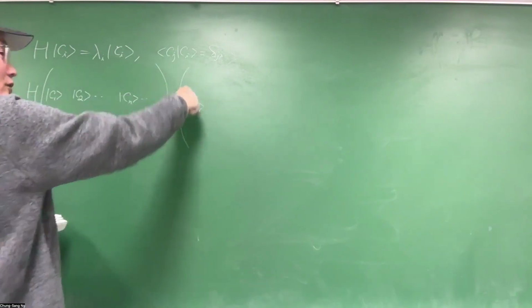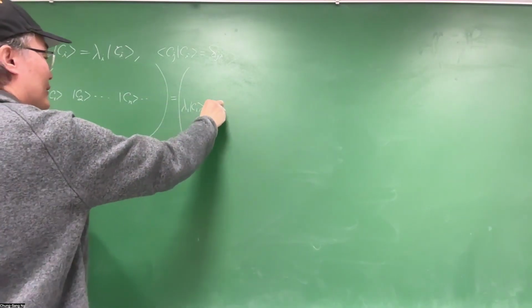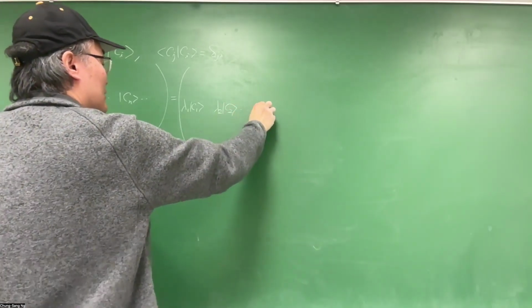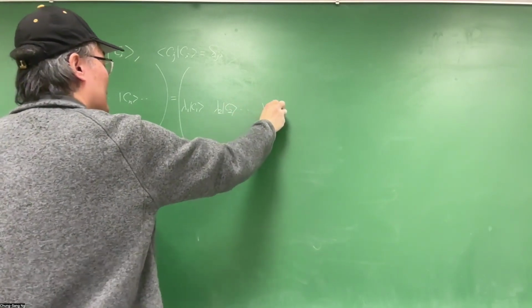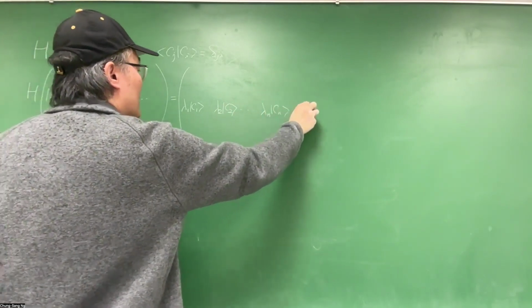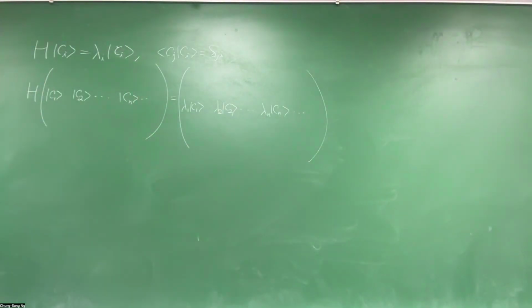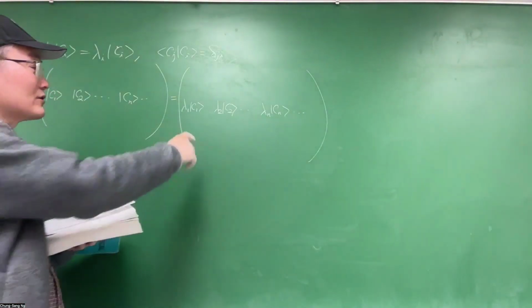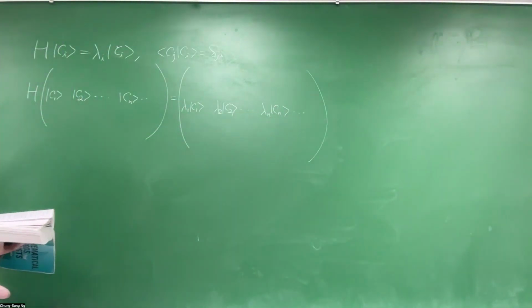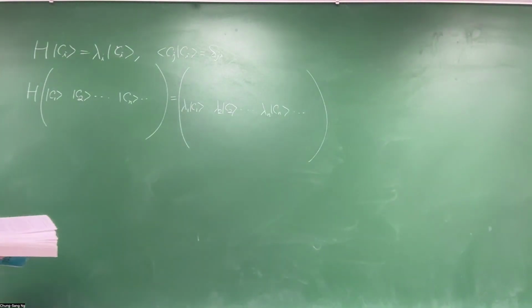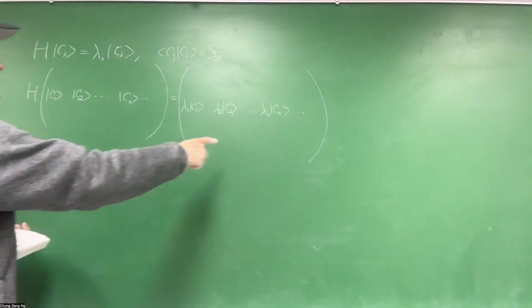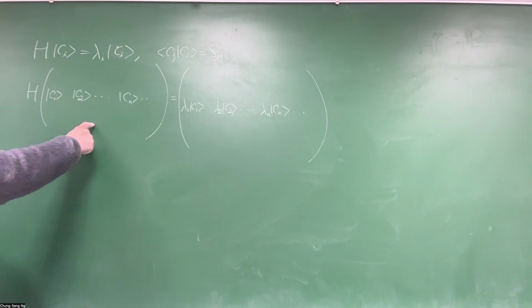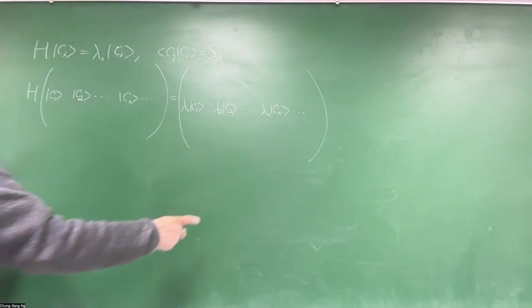The second column is lambda 2, C2, and so on, and then the n-th column is lambda n, C sub n. This is always true, even for degenerate or non-degenerate cases. All these lambdas can be the same or not the same, assuming we already normalized everything. H operating on this matrix becomes this one.